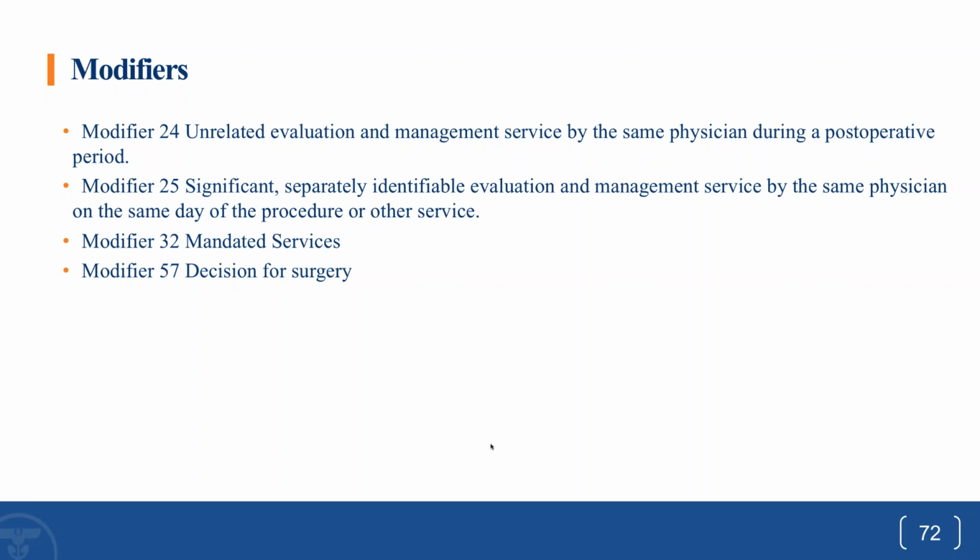Okay. Modifier 25 is also an E&M modifier. So remember that it's an E&M modifier. Modifier 25 is appended to E&M codes. And basically what it's saying is, okay, I come in for a physical, a yearly physical. That's an E&M code, right? But then the doctor sees a wart on my neck and decides to remove it in the office.